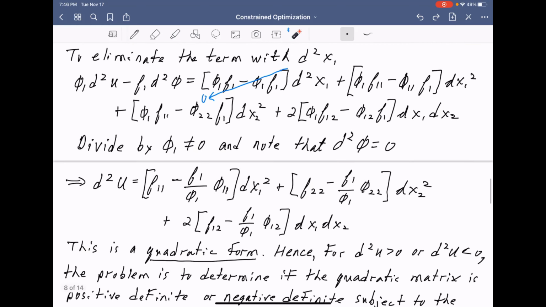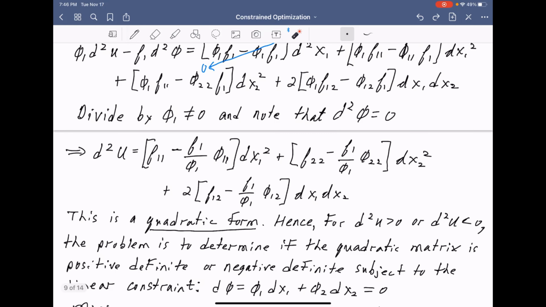So with that in mind, we get this expression d squared u, where it's equal to f11 minus f1 over phi 1 times phi 11 times dx1 squared, f22 minus f1 over phi 1 phi 22 times dx2 squared, and 2 times f12 minus f1 over phi 1 times phi 12 dx1 dx2.